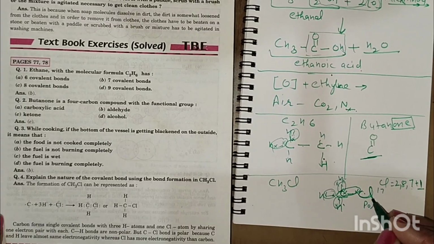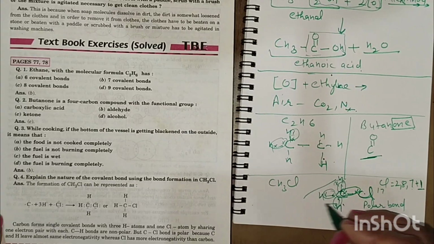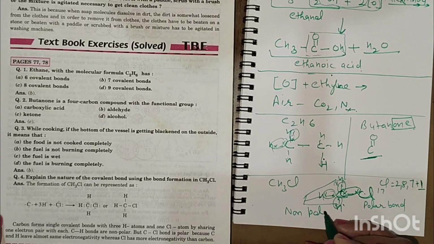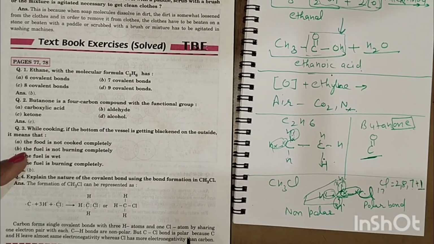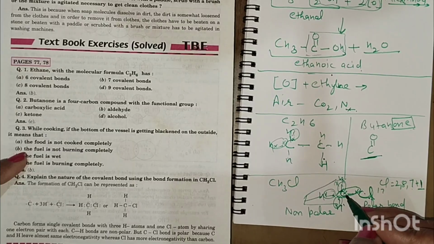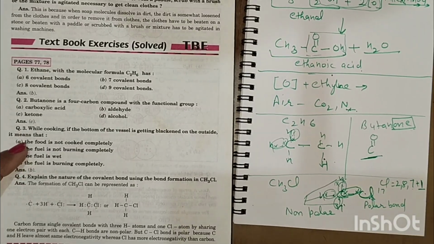This is the polar bond, but these three are non-polar bonds, because C and H have almost the same electronegativity, whereas chlorine is more electronegative than carbon.